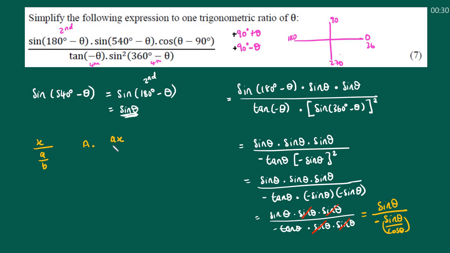Is it ax over b, or is it x over ab, or is it b over ax, or is it bx over a? Between a, b, c and d, who can tell me which one is the correct answer there? D. D.